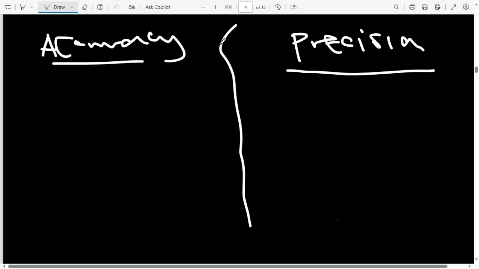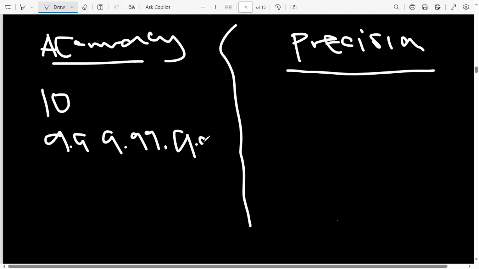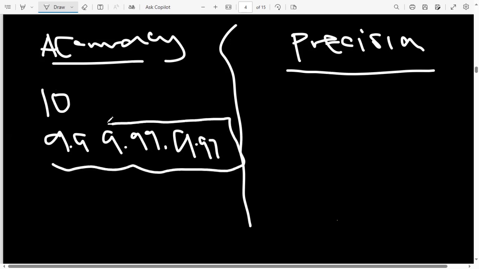So if my true value is 10, and then I have these sets of data, maybe 9.9, 9.99, and then 9.97, you can see that all these measurements are very close to this 10 here. So we say that that measurement is accurate, because it's closer to the true value.